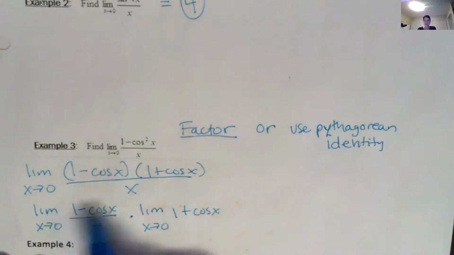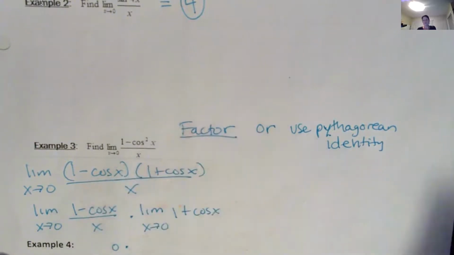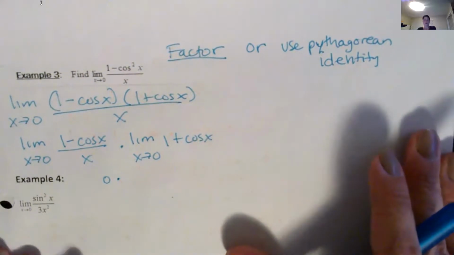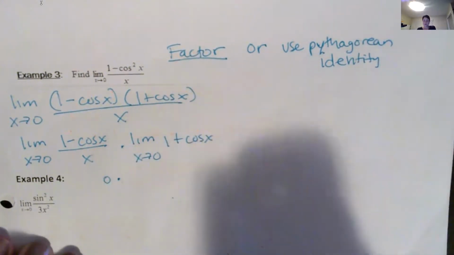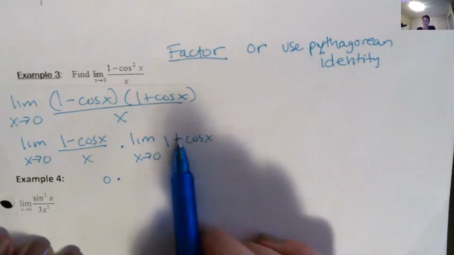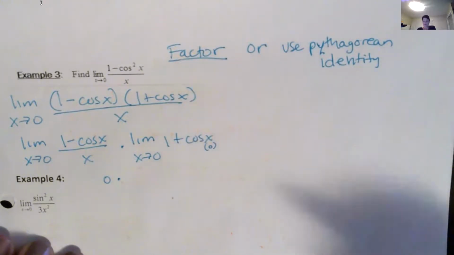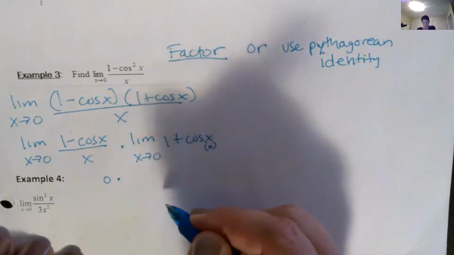So we already know that this right here is equal to 0. And you could stop there, I suppose, but you finish out the problem. 0 times anything is 0. But remember that 1 plus cosine of 0 is 1. 1 plus 1 is 2.